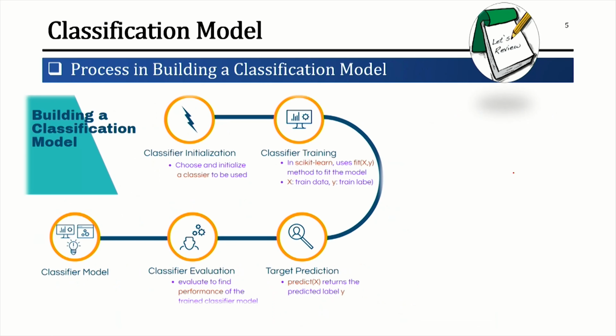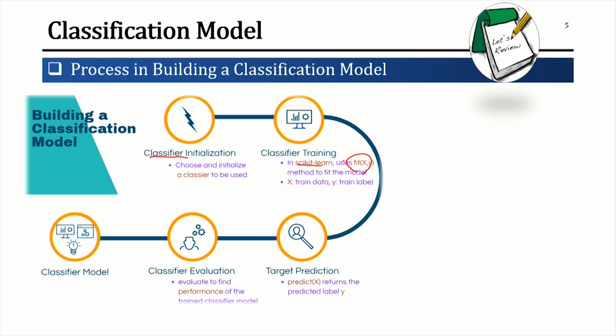Okay, next we will review the process of building a classification model. There are four main processes. The first process is called classifier initialization, where we need to pick a specific classifier to be used. In the second process, we need to train our classifier, and in sklearn we can use the fit function.